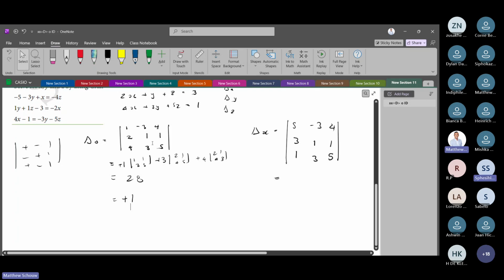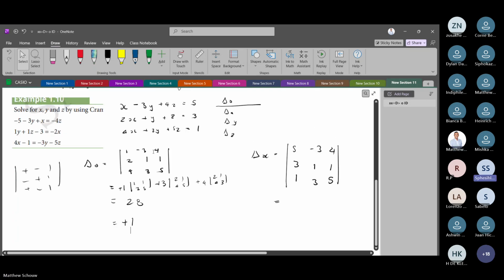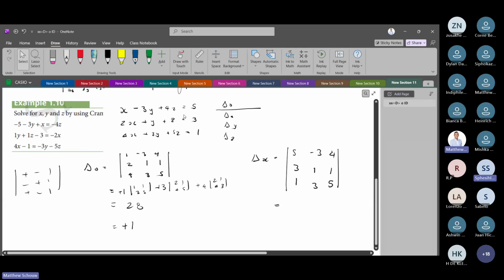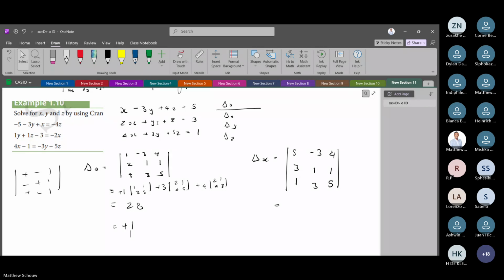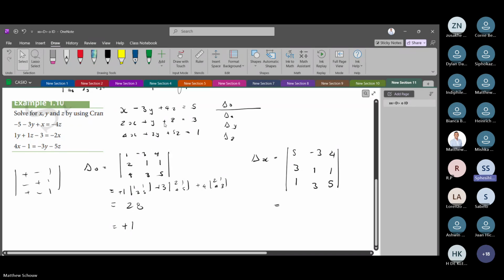Which one, this on top? Yes. Okay, so what are you saying there? I'm trying to follow you. We're doing the one that says solve for X, Y and Z by using Cramer's rule.